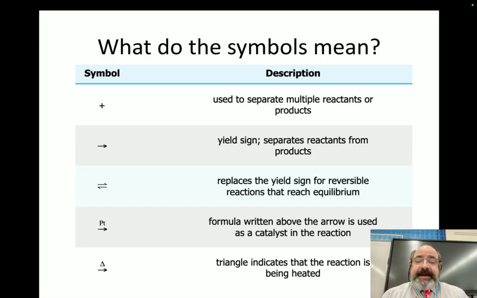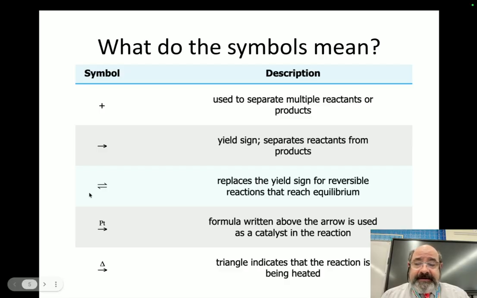Okay, so now, if we just have a plain little arrow like that, that just means yields, forms products, reacts to, the usual stuff. We have the plus symbol, so this plus that equals this plus that.